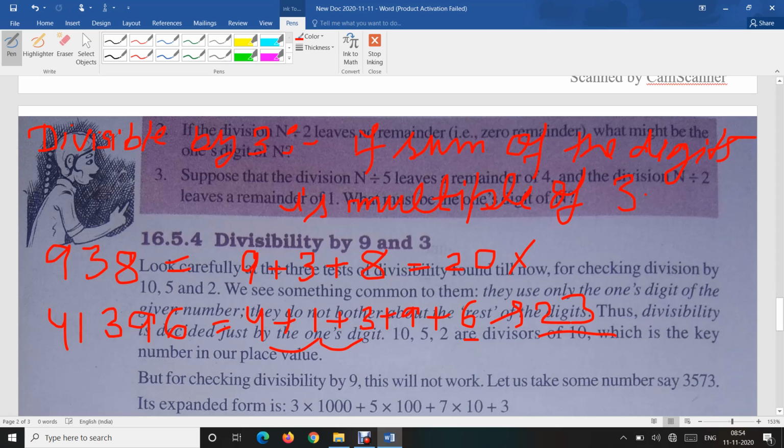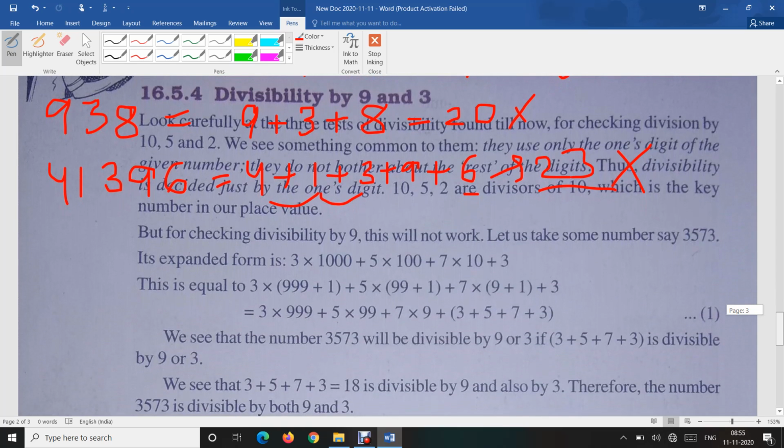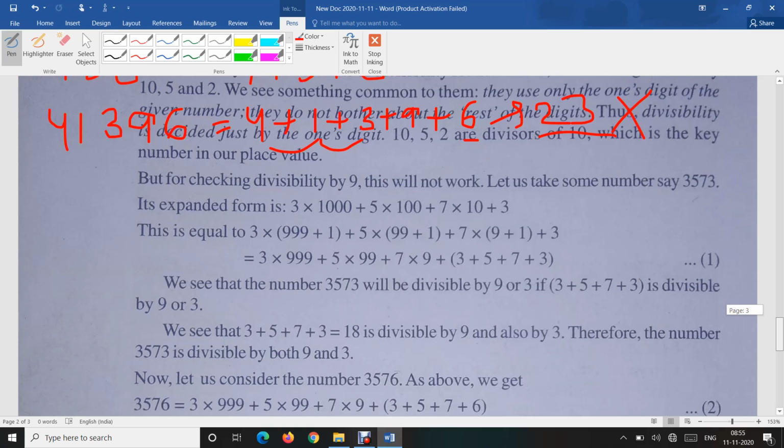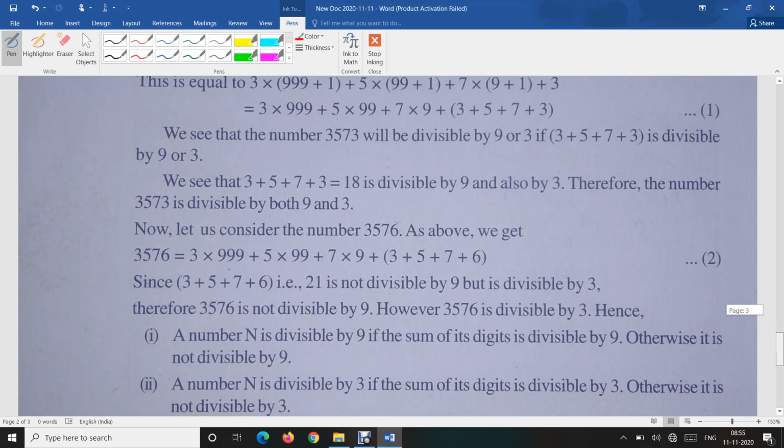Is 23 divisible by 3? No, that means 41396 will not be divisible by 3. If the sum of the digits is divisible by 3, then you can say that that number will be divisible by 3.